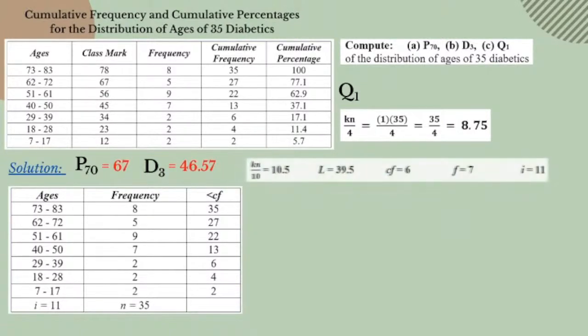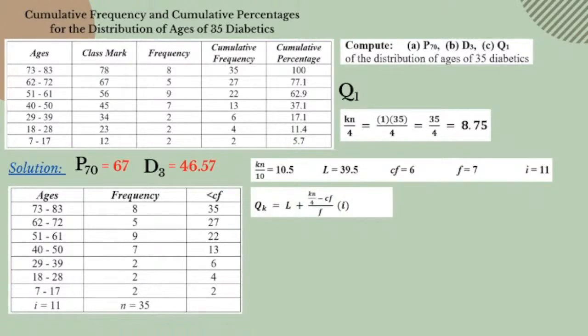Therefore, we have Kn over 4 equals 8.75, L equals 39.5, CF equals 6, F equals 7 and I equals 11. The formula below is used for the computation.